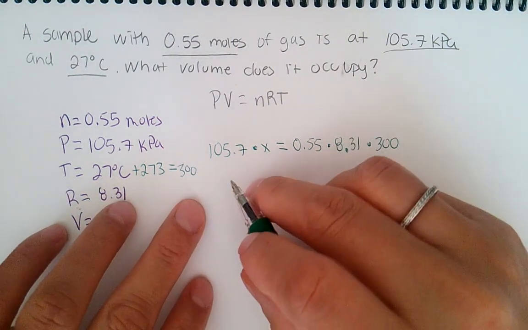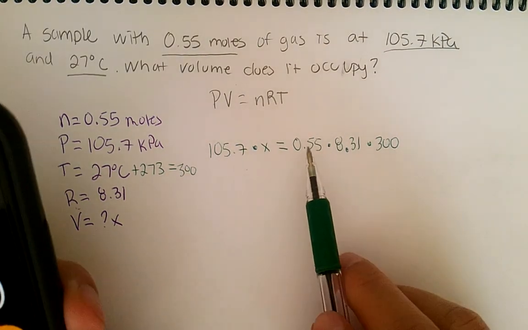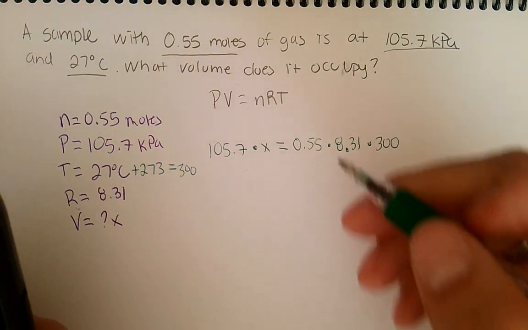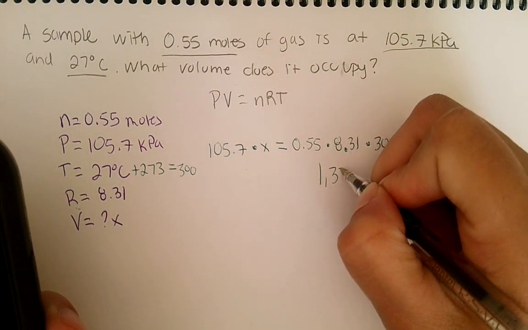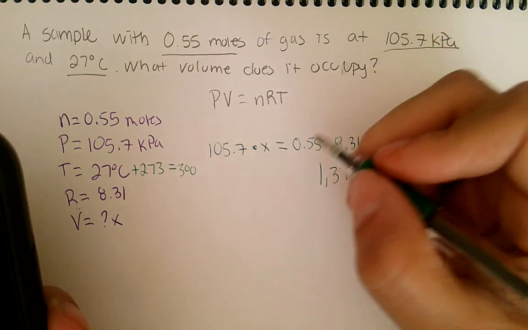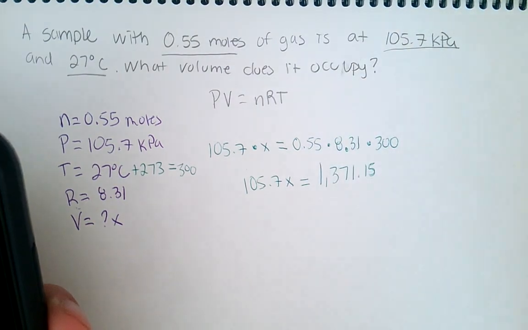Okay, so let's do this problem. Let's multiply everything on the right-hand side first, because obviously all that can be simplified. 0.55 times 8.31 times 300 gives us 1,371.15, okay? And that's going to be equal to 105.7 times x.